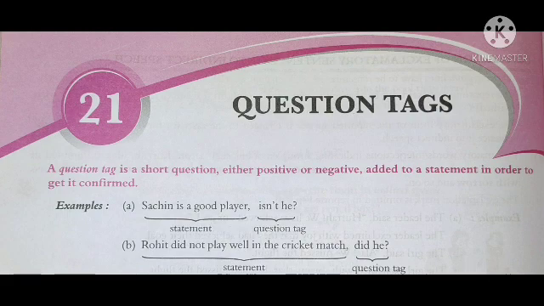And how do we convert a sentence into a question? By putting the helping verb before the subject. Here also we have to put the helping verb before the subject, before the pronoun. We have to take care of one thing: if the subject is a noun, in that case we have to use the pronoun of that noun.